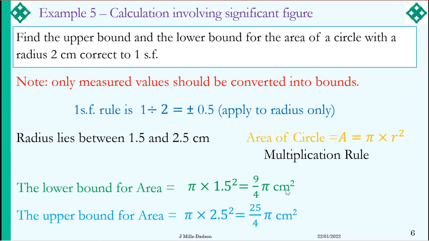That will give us 25/4 pi cm squared. You are allowed to use a calculator to get the actual decimal. But this is the answer in terms of pi. So know the difference when to use the biggest number and when to use the smallest number.